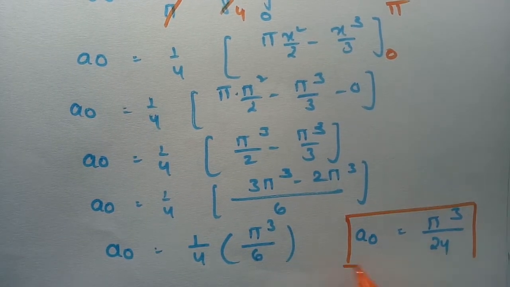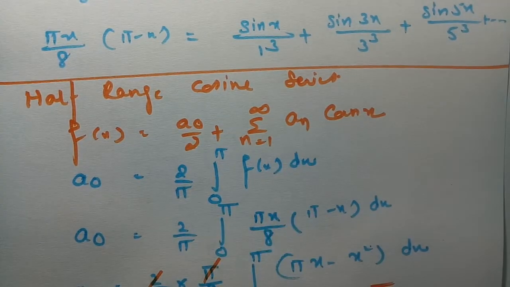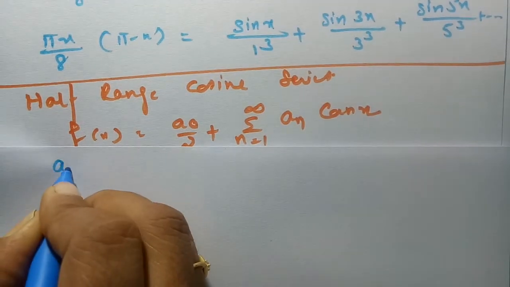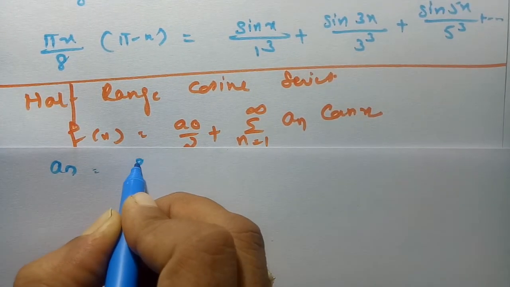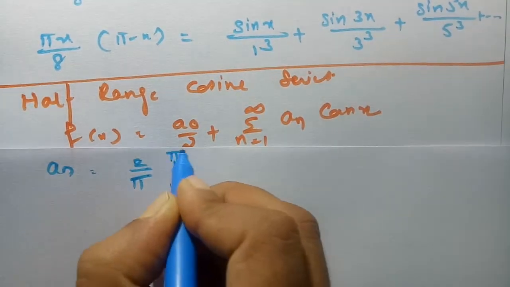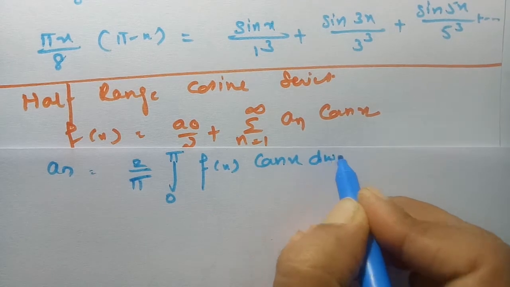So I got the value of a naught, and after finding a naught we have to find the value of an. For finding an, again we have a formula. What is the formula here? That is 2 by pi times of integral 0 to pi f of x into cos nx into dx.